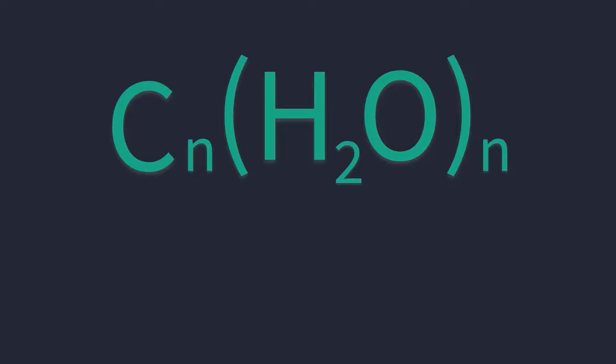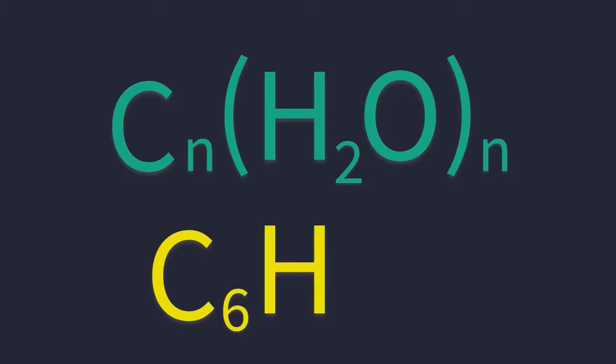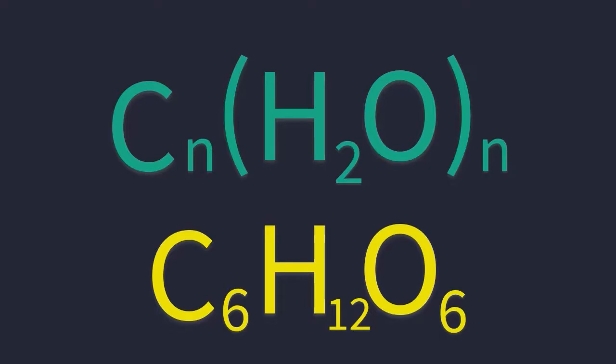For example, if our n is equal to 6, we will have C6H12O6. This is the molecule for glucose. Glucose is an example of a carbohydrate.